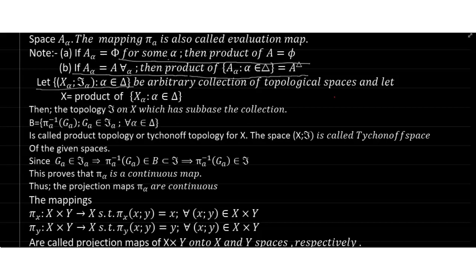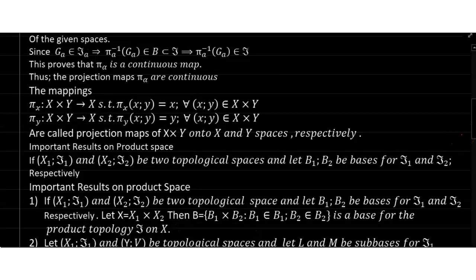Since G alpha belongs to tau alpha and pi alpha inverse (G alpha) belongs to B, a subset of tau, that implies pi alpha inverse (G alpha) belongs to tau. This proves that pi alpha is a continuous map. Thus, the projection maps pi alpha are continuous.